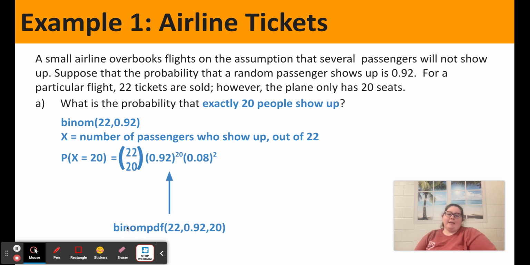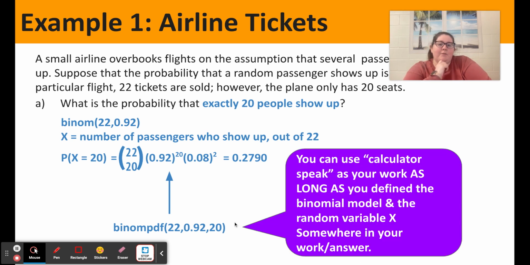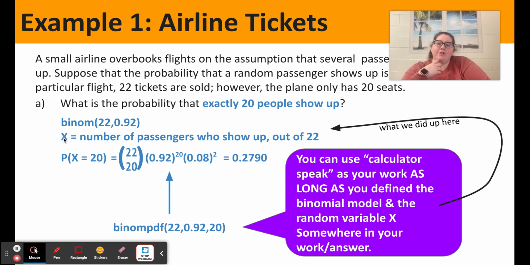One thing I wanted to note is that writing what we saw in the calculator just now, binomPDF(22, 0.92, 20), is appropriate as your work on a free response question. You can use that calculator speak as your work as long as you've defined your binomial model and the random variable X somewhere in your answer. So what we did up here, where I said n is 22, p is 0.92, X is the number of passengers who show up out of 22, that is defining the binomial model and the variable you're dealing with.